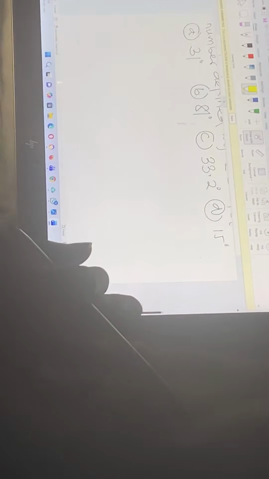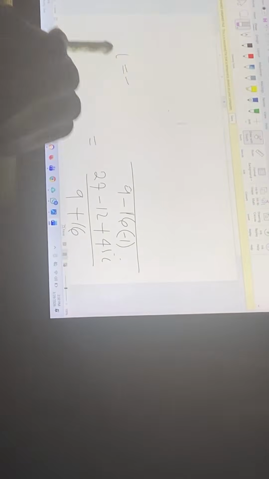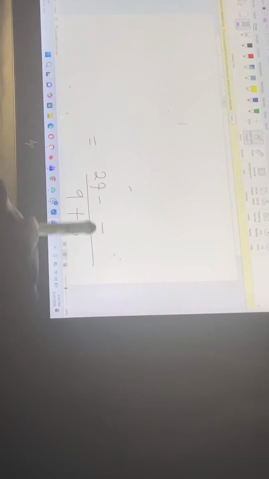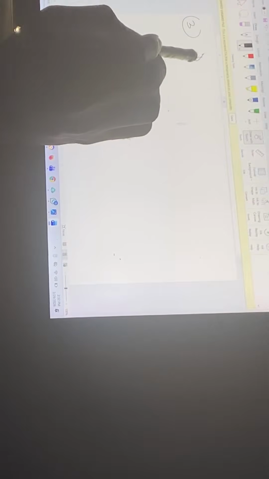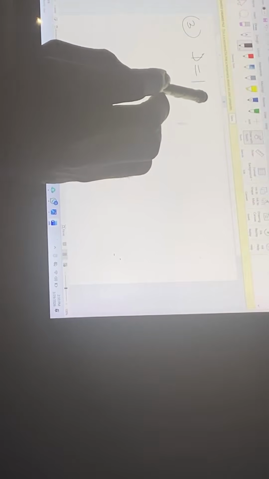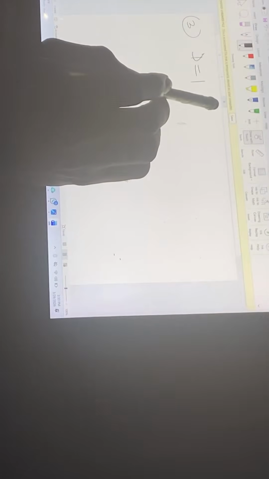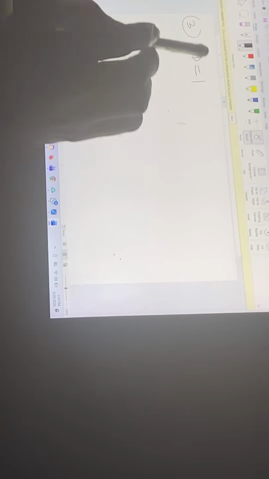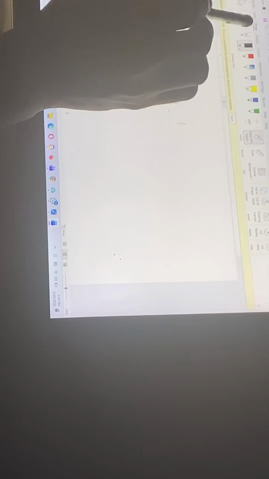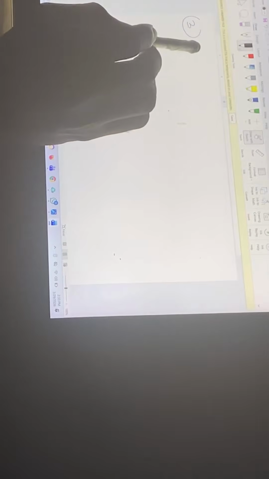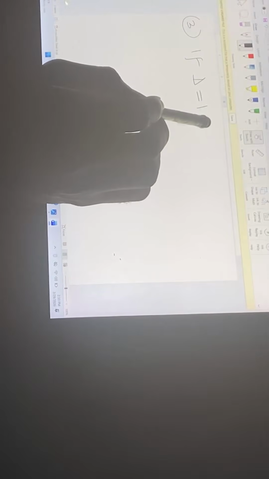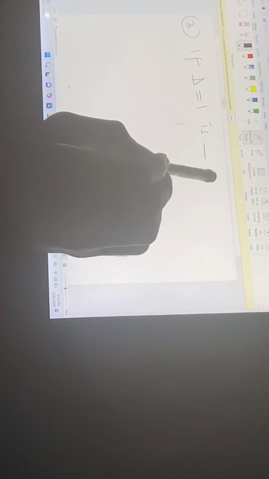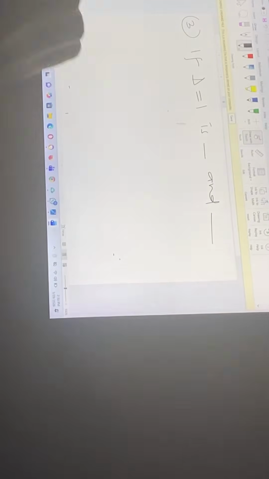Question 3: if D is equal to 1, the roots are dash and dash.